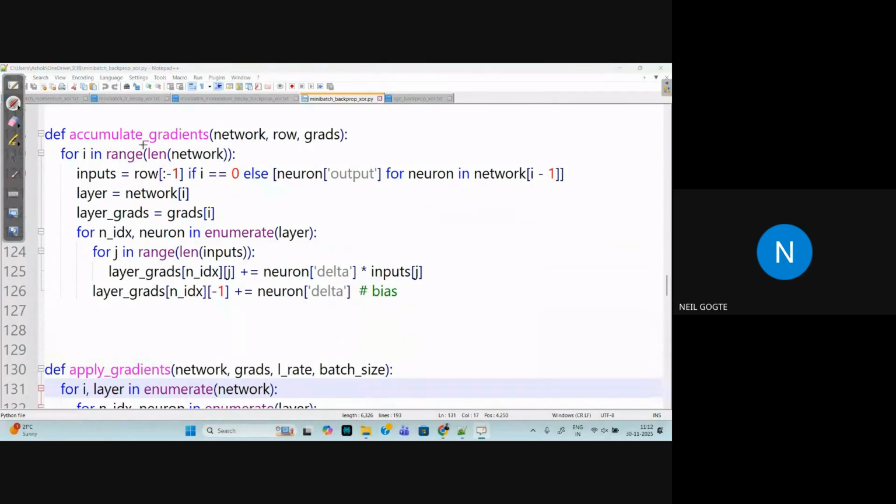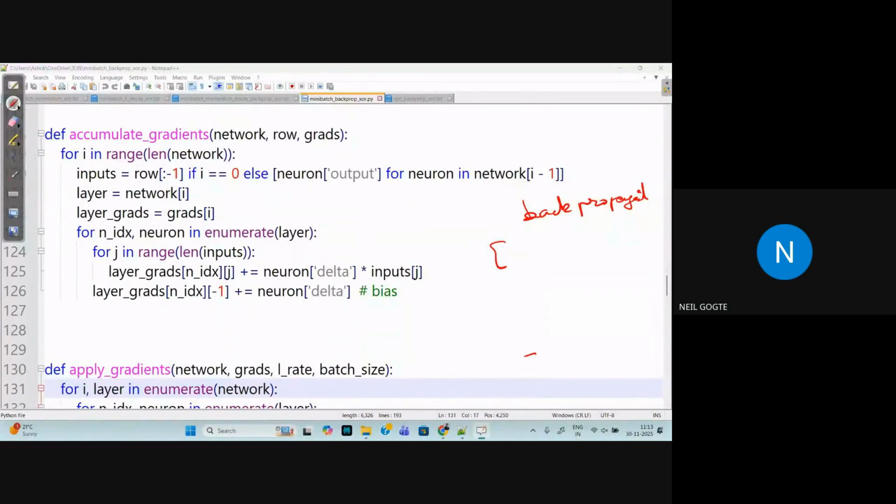Now, how do you accumulate gradients? Remember, before we apply gradients, we accumulate gradients. The backward propagation has happened. What has the backward propagation done?